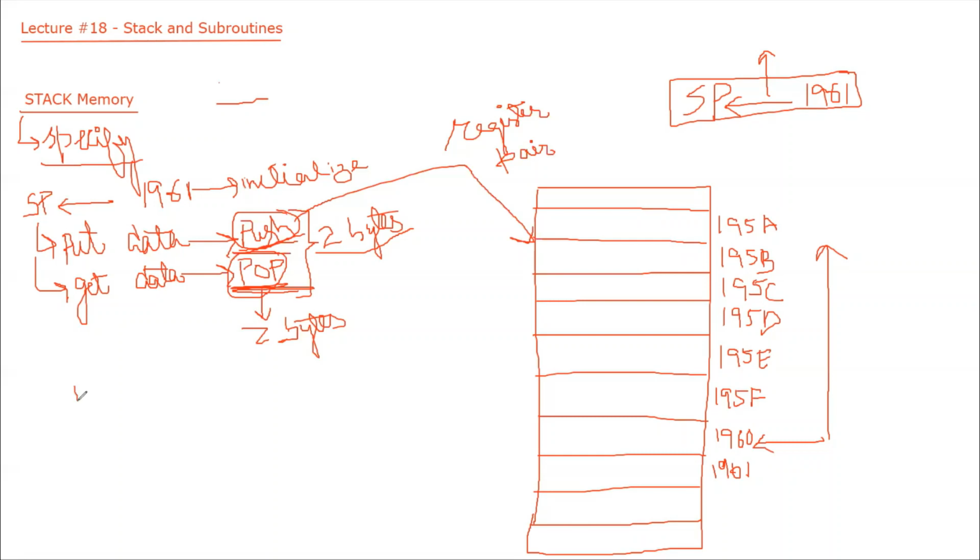So let's say I am doing this, push B. For this instruction, the operand is always a register pair. Please remember this. The operand for push and pop instruction is always a register pair.